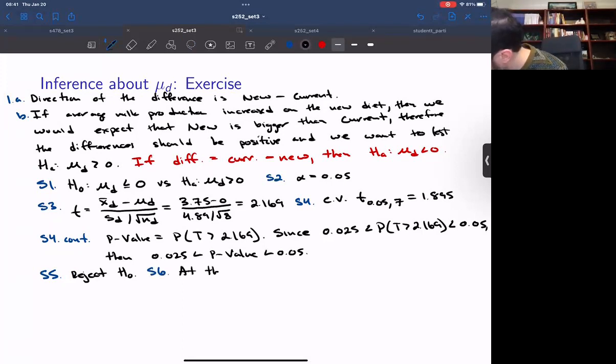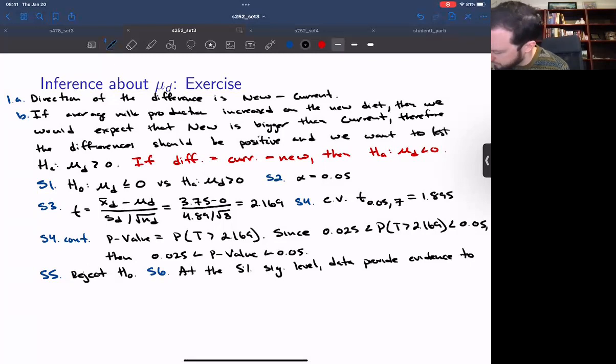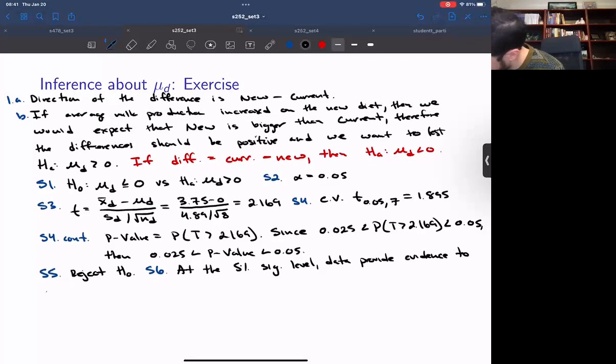At the 5% significance level, the data provide evidence to suggest that milk production increased on the new diet.